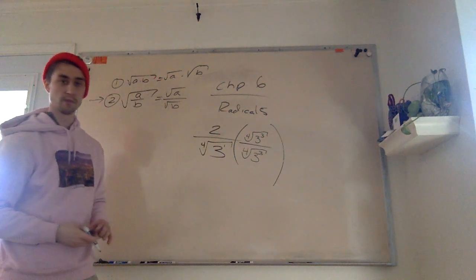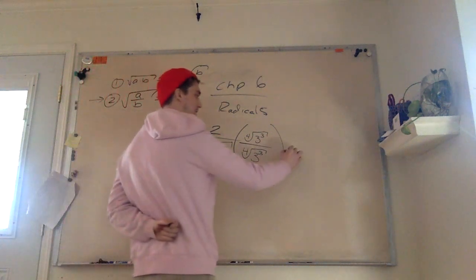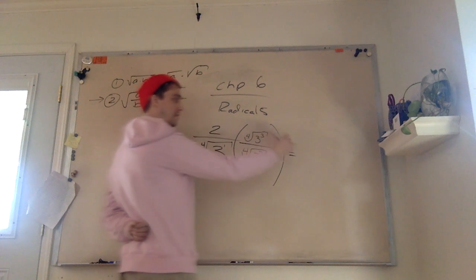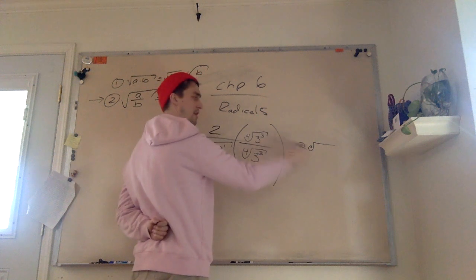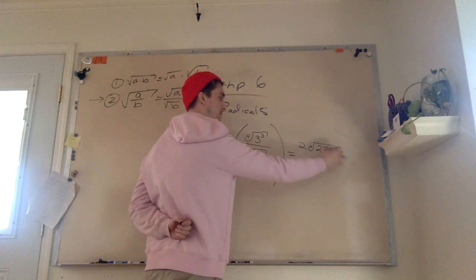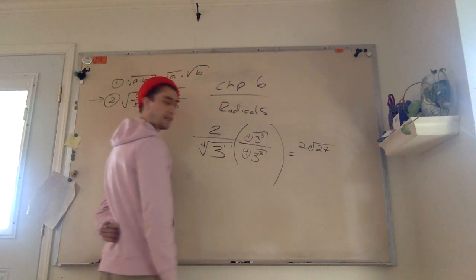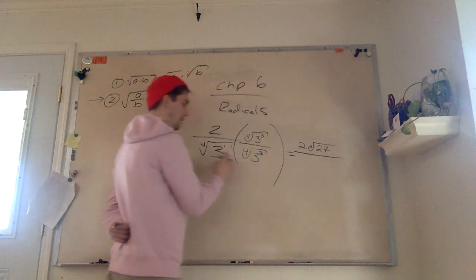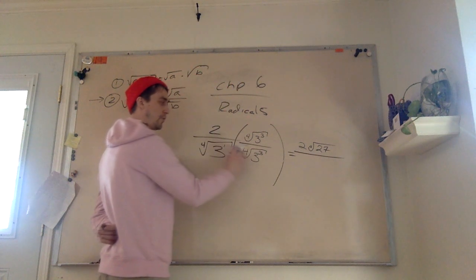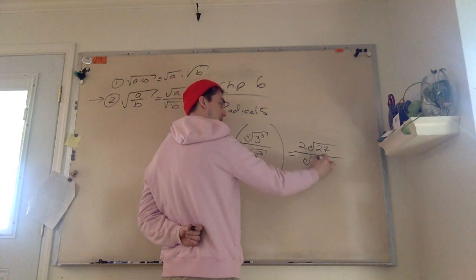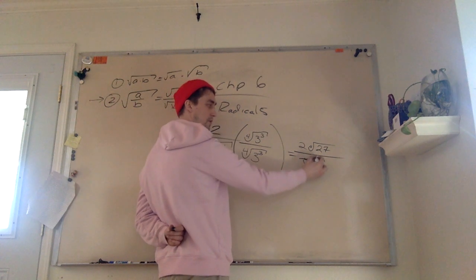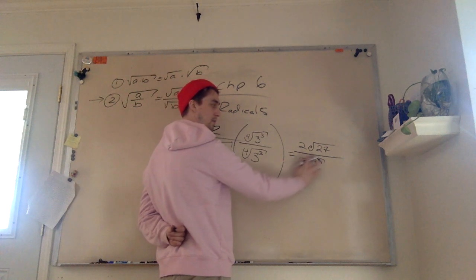And now you just run some simplifying work. 2 times the 4th root of 3 cubed is 2 times the 4th root of 27. So I'll just write that as 27. 4th root of 3 times 4th root of 3 cubed is the 4th root of 3 to the 4th, which means that the 4th root and the 4th go away, leaving me with just 3.